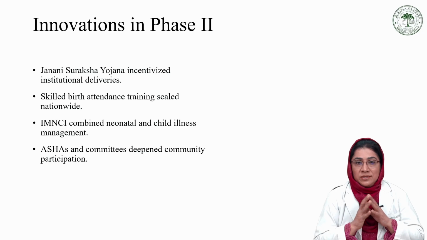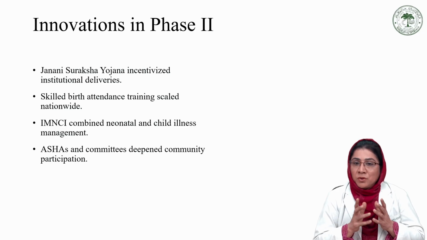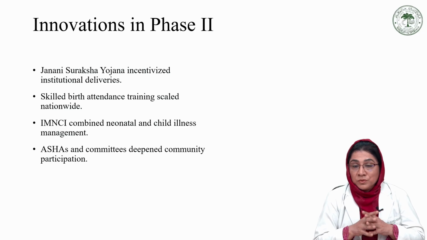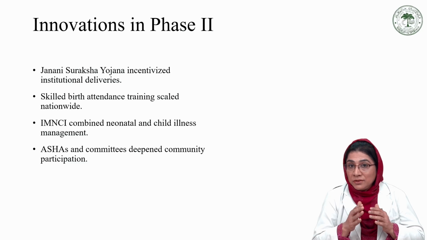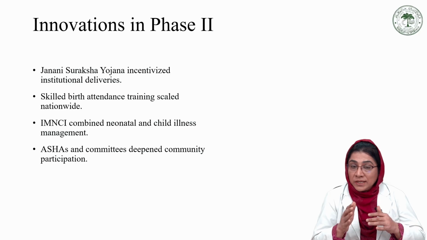Several innovations changed behavior and outcomes in phase 2, like Janani Suraksha Yojana, which offered financial incentives that increased institutional deliveries among the poor. Large scale training standardized skilled birth attendance across facilities.